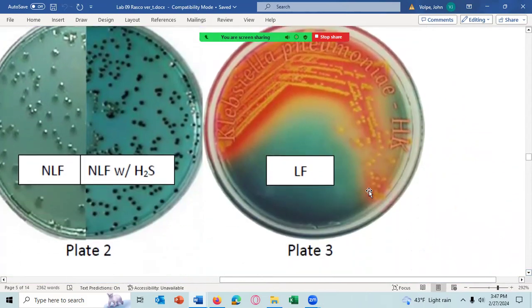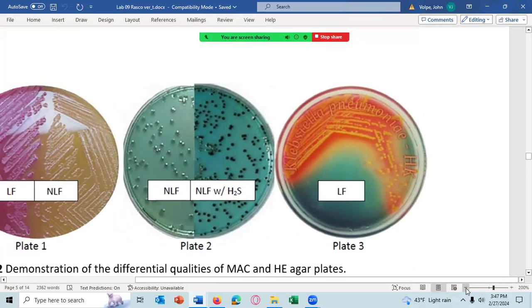Like right there, the media around these colonies is salmon colored. Actually, it's almost a pink orange color. You go by the media to determine the lactose being fermented if the colonies are black, because you can't see the salmon color in the colony if it produces hydrogen sulfide gas. Any questions about that?